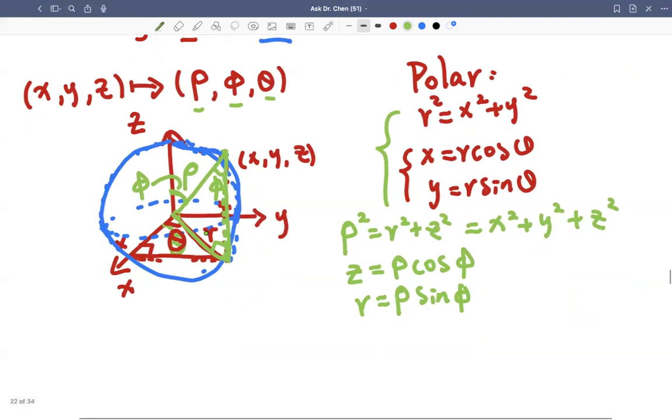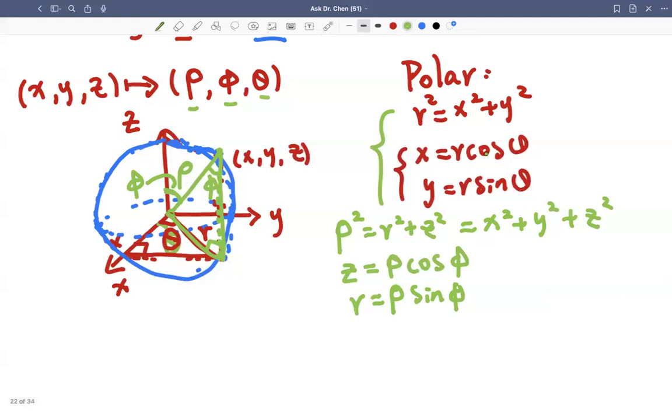So now from this one, we can rewrite x equals r cosine theta, which is rho sine phi cosine theta. Y equals rho sine phi sine theta.